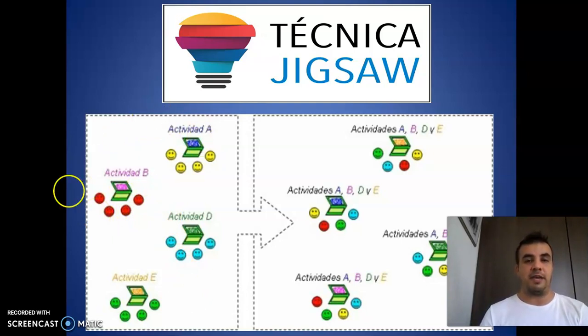In this case, we have four groups: A, B, C, D. They have many activities or not, depending on the topic the teacher is explaining. Four groups, but different people. For example, in this activity, these four students are concentrated in one node.